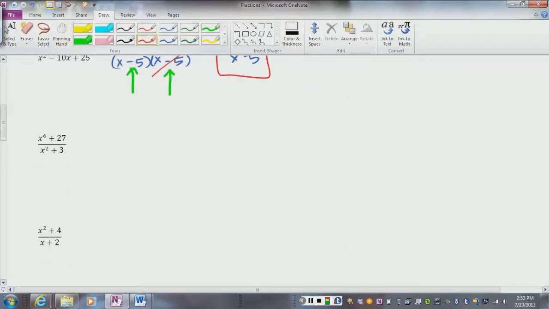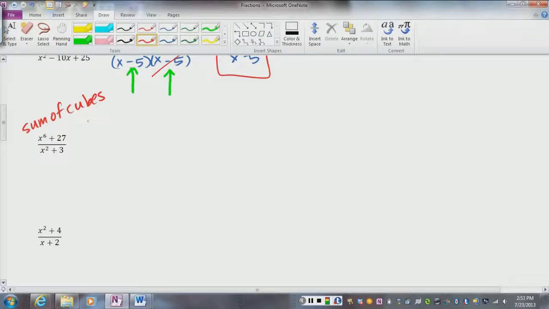I'm going to look at this problem. I recognize that this numerator here is the sum of cubes. Now, for sum of cubes, we might not remember that formula, but it's still good practice.